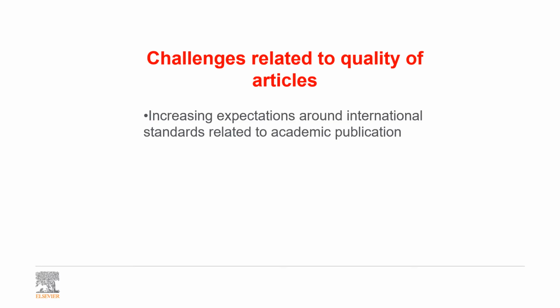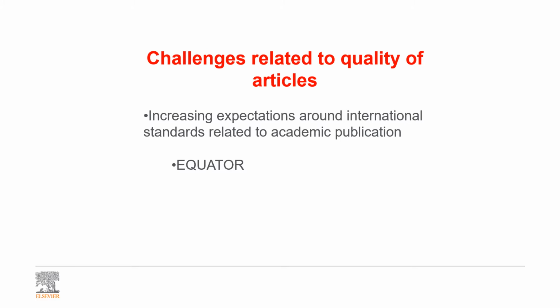We need to be aware, initially, that there are increasing expectations around international standards related to academic publication. Organisations like Clarivate, which award impact factors, expect journals to adhere to these international standards.